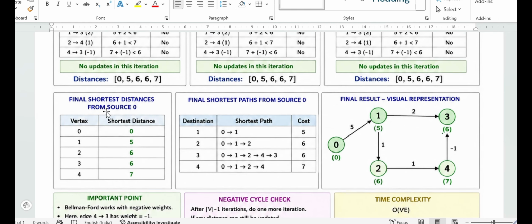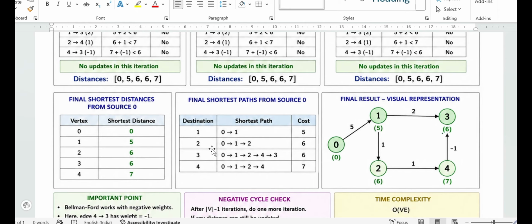Then write the final shortest distance in the table. From vertex 0, what is the distance? Final distances: 0, 5, 6, 6, 7. This Bellman Ford algorithm is used to find the shortest path from the source to all other vertices, right? So from 0 to 1, 0 to 2, 0 to 3, 0 to 4 through intermediate vertices, we choose the smallest one.